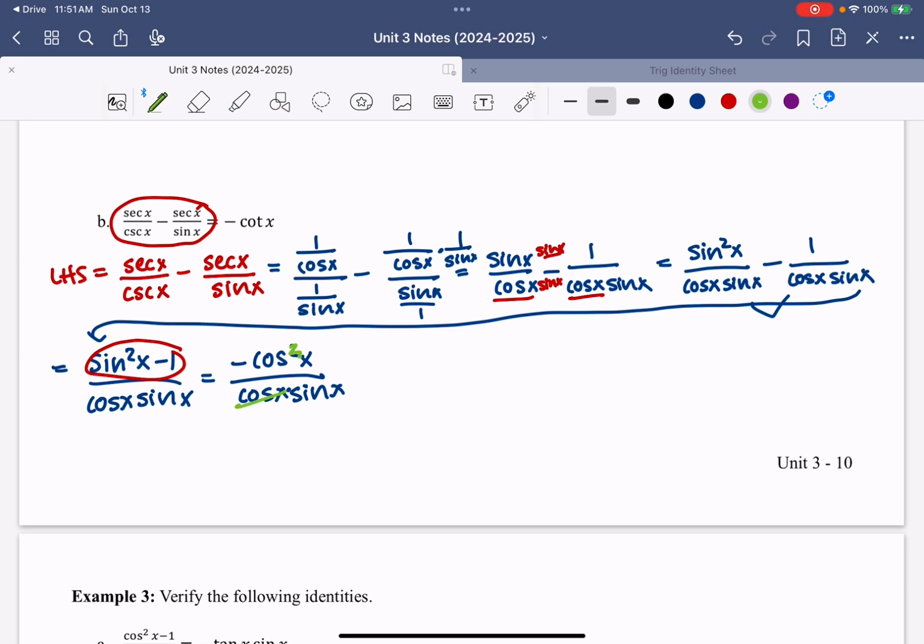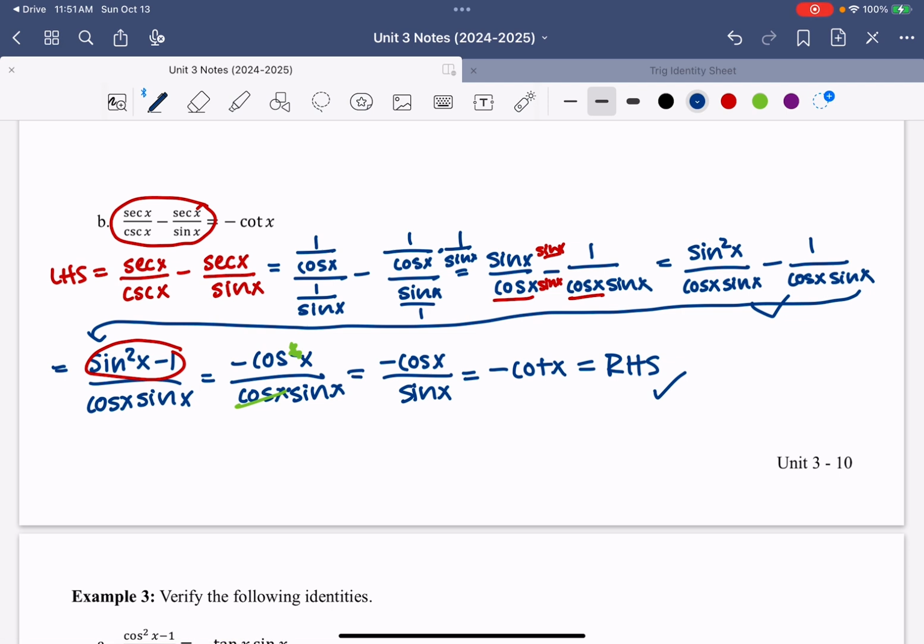That will get rid of the cosine x in the denominator and reduce my power of cosine x in the numerator by 1. So now I'm left with a negative cosine x over sine x, which, lucky for us, is cotangent, so that gives me a negative cotangent of x. Hey, and look what we did here. That was equal to our right-hand side.